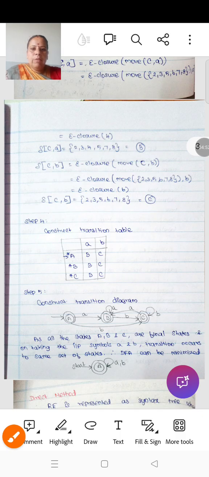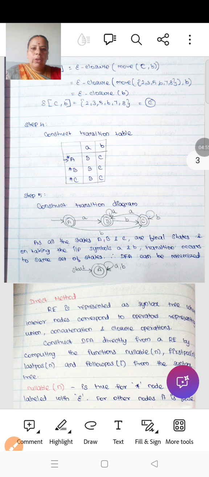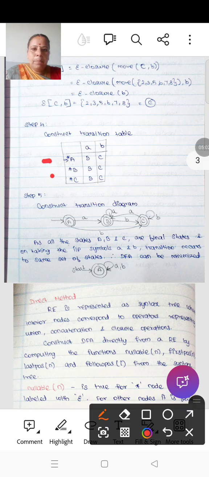Step 4 is to construct the transition table. For the transition table, the rows will be the new states A, B, C, and the columns will be the input symbols a and b. We start by marking the starting state, which is A. From A, for input symbol a you move to B, and for b you go to state C. Likewise we mark B. For state B with input symbol a we go again to B, and for B with input symbol b we go to state C. Finally we represent C also.